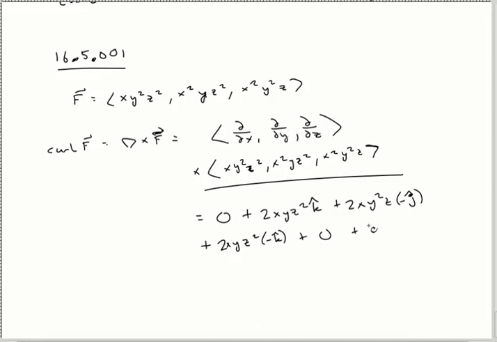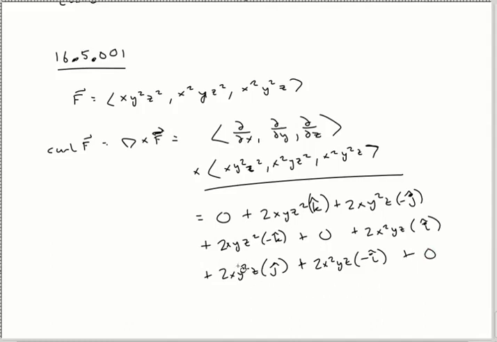My y over here, 2x squared yz, that's a positive i position. Z on this side, 2xy squared z, that's a positive j position, good enough. And z here, 2x squared yz, that's going to be a negative i position. And then finally a 0.